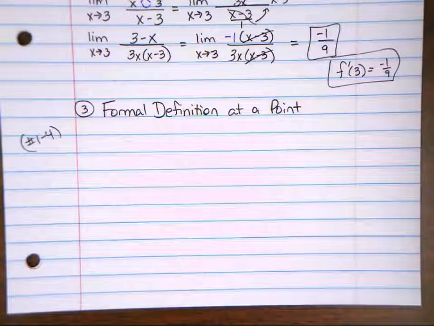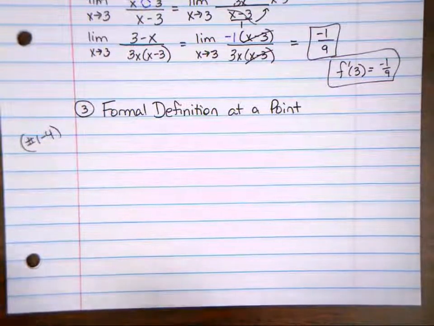Now, the first one was also called formal definition. That's because these two are related. This one is the exact same formula as the formal definition, except for the fact that all the x's are going to turn into a's. So here's the way it goes.